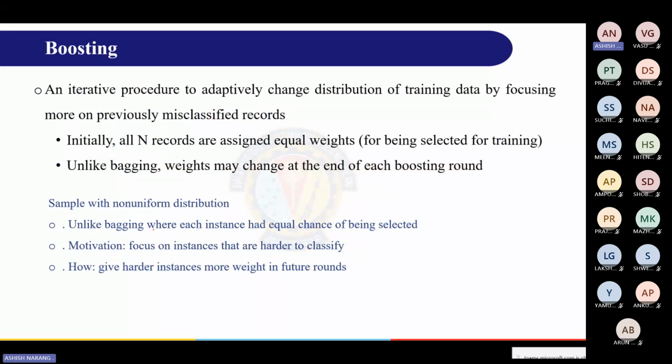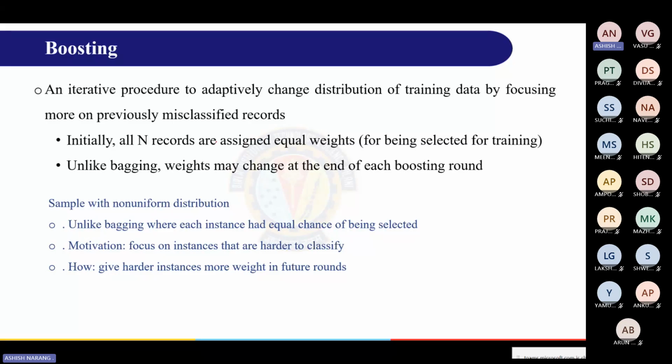What is boosting? In bagging, we bootstrap the samples, take some K samples, train the classifiers on that basis, and then take the maximum vote. When it comes to boosting, this is another technique.